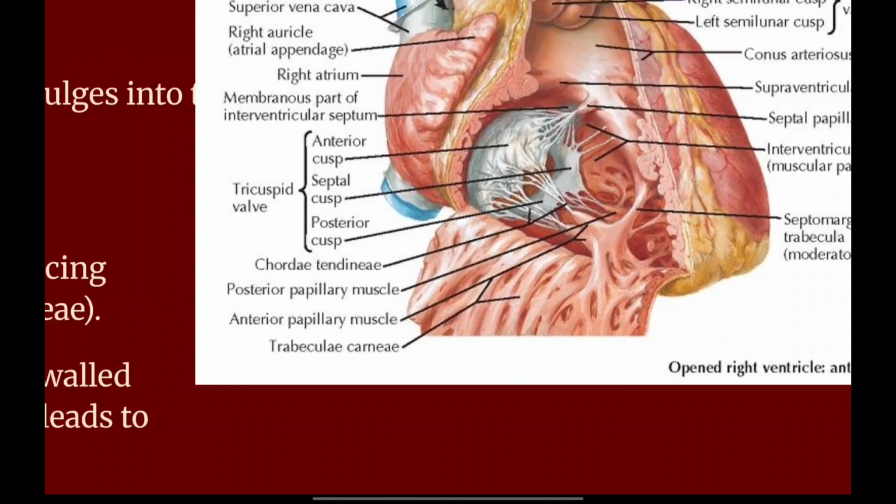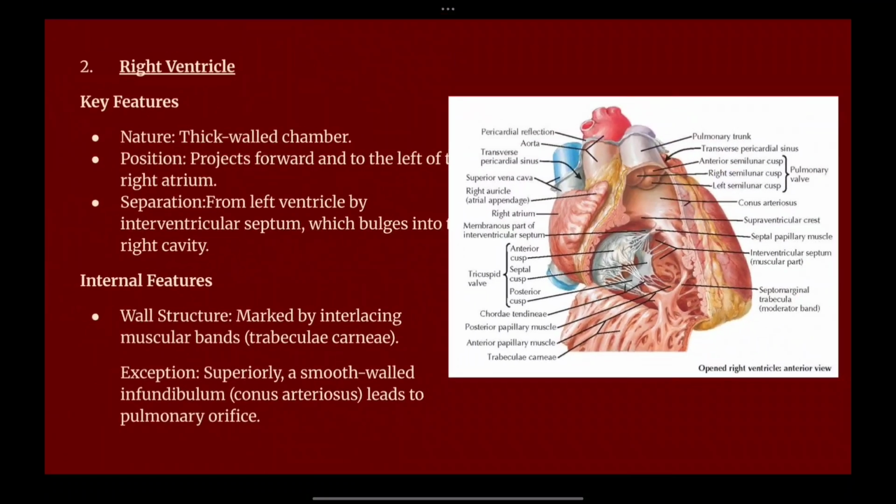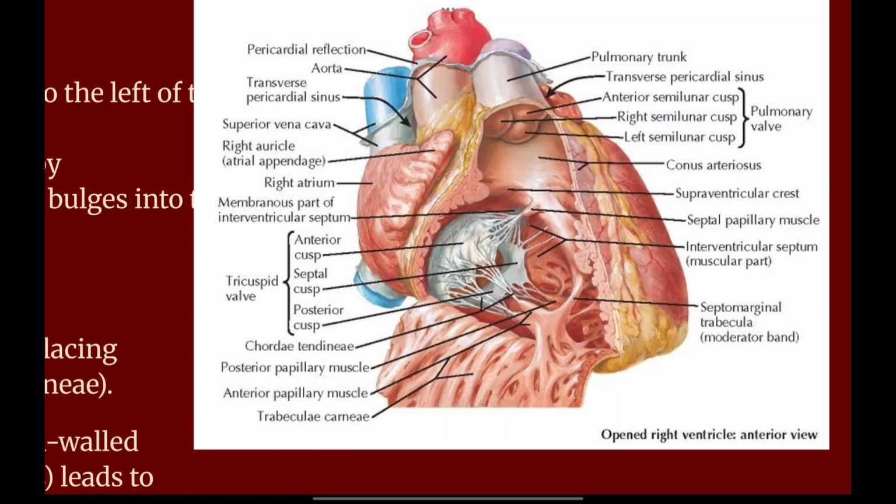And there is a separation between the left ventricle and the right ventricle by the interventricular septum. It separates the two ventricles, and this muscular separation is called the interventricular septum.